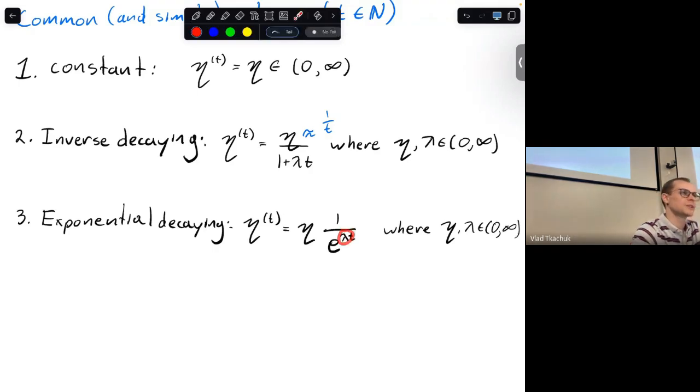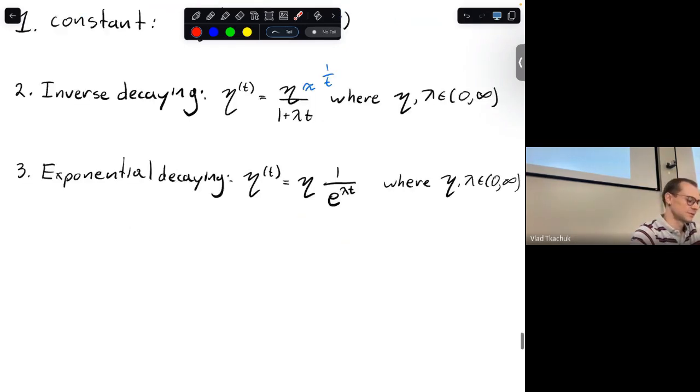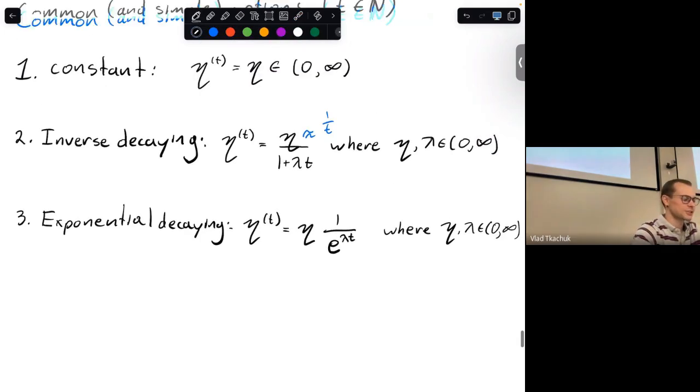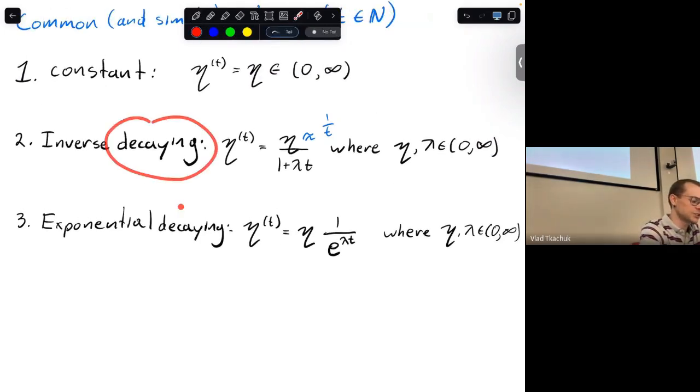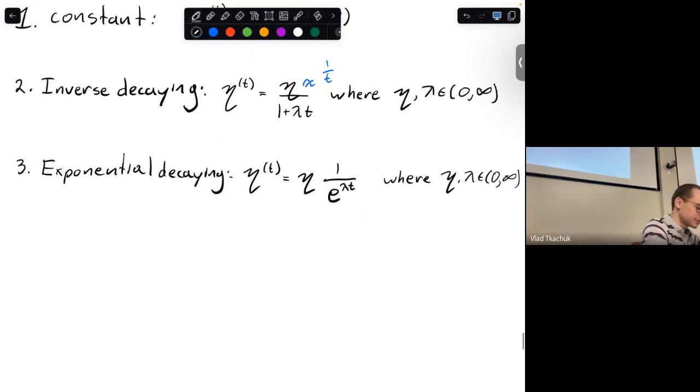You make lambda bigger, you decrease faster as t increases. You make eta larger, you start at a larger point at the beginning. That's it. So these two had very similar ideas of decaying, just with different types of functions: one's 1 over exponential, one's 1 over t. The next one is slightly more interesting, which I will call the normalized gradient.